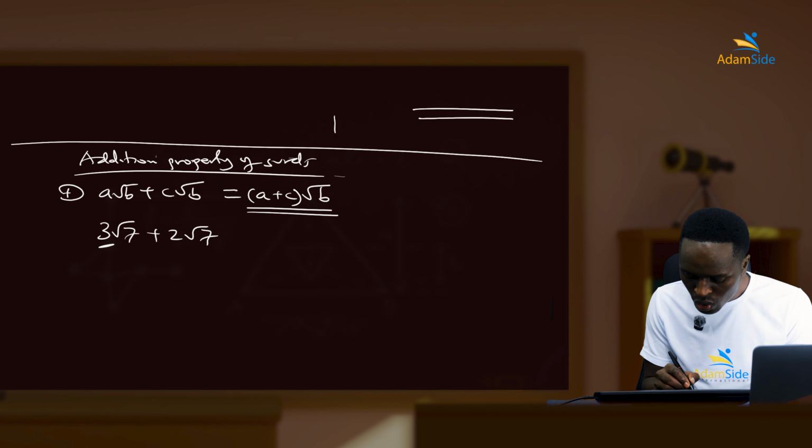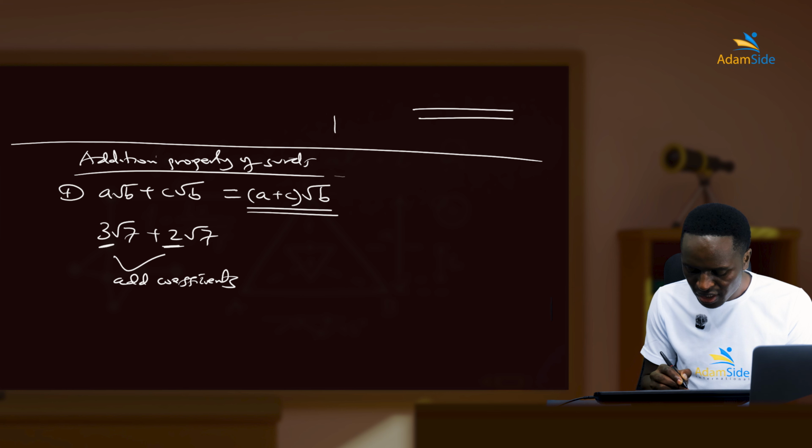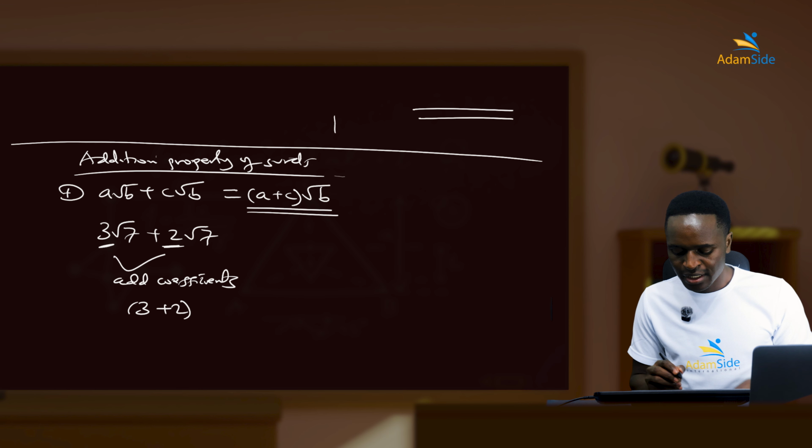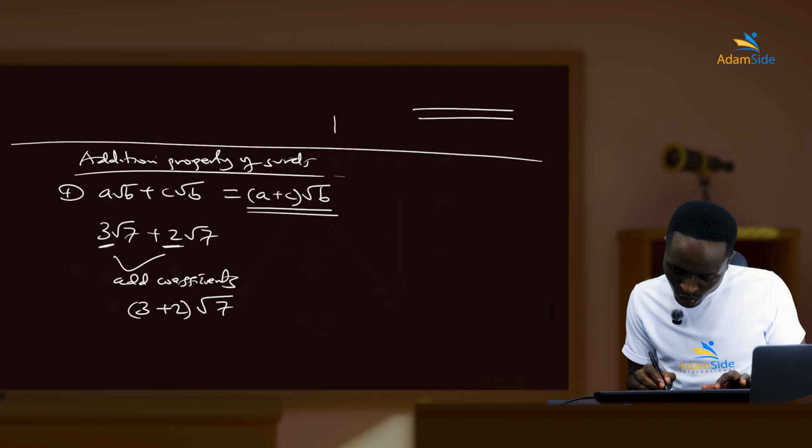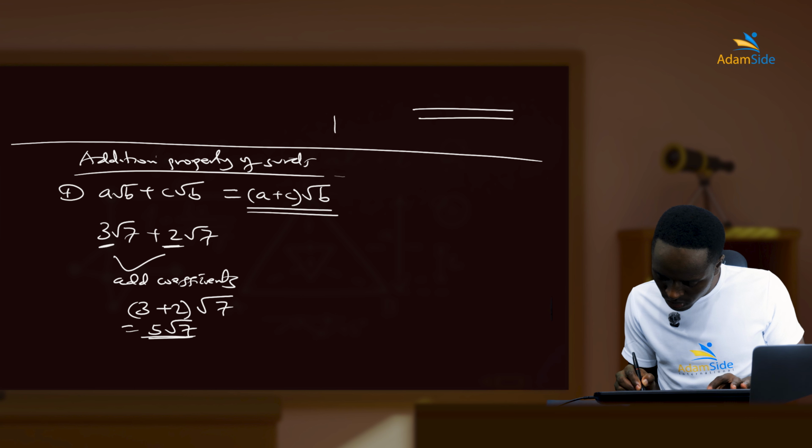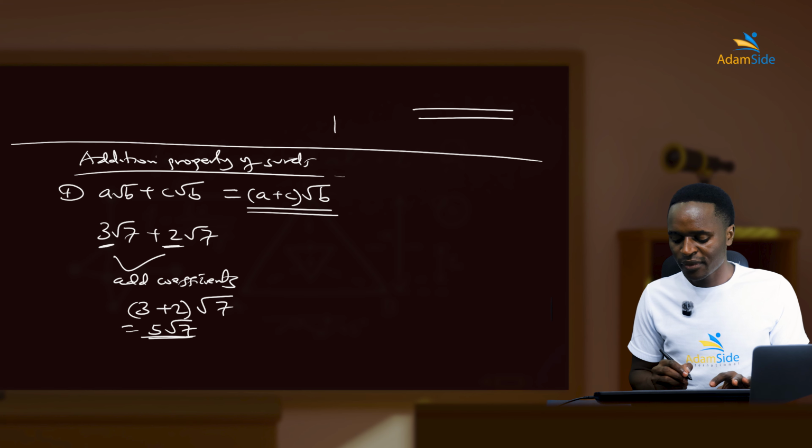What do you do? You add the coefficients 3 and 2. They are coefficients of the surd root 7. Now, since the surd is the same, you only say 3 plus 2 and then keep it, which will give you 5 root 7. You get it?